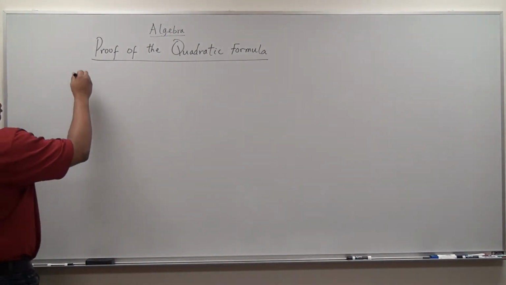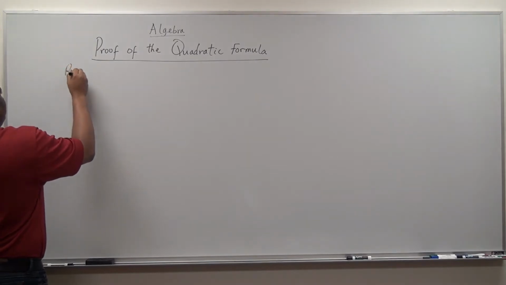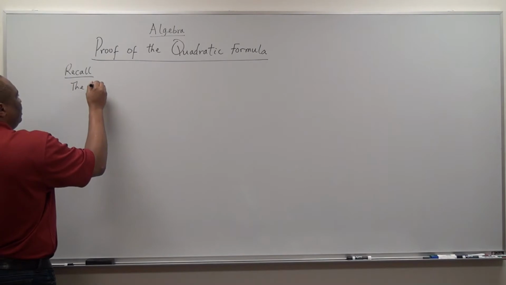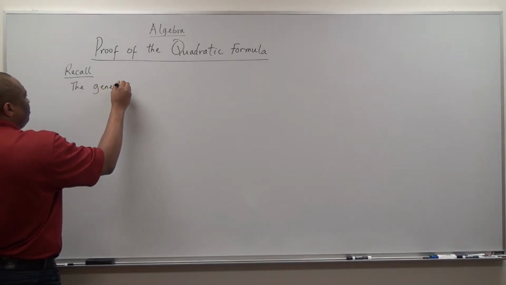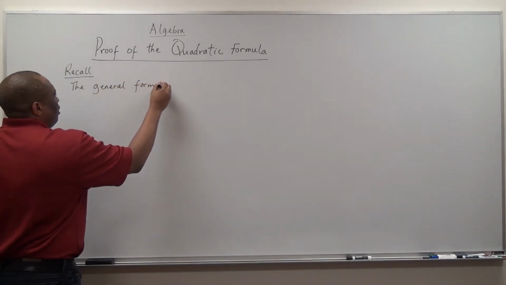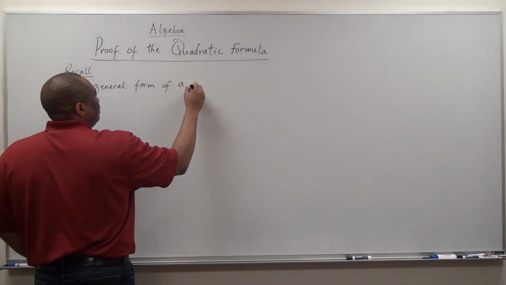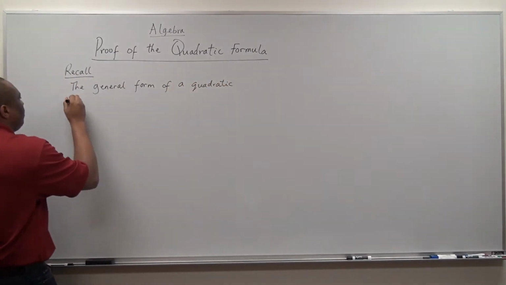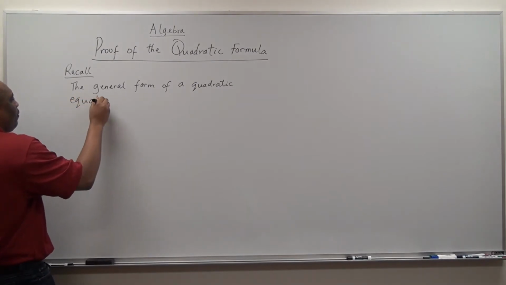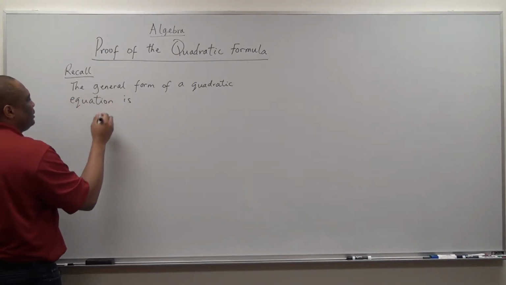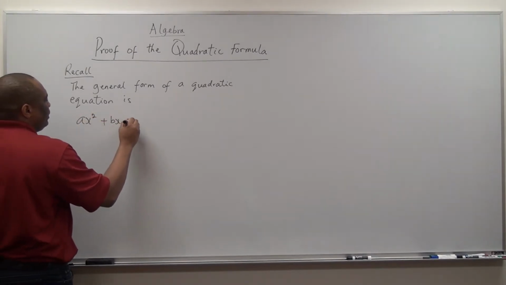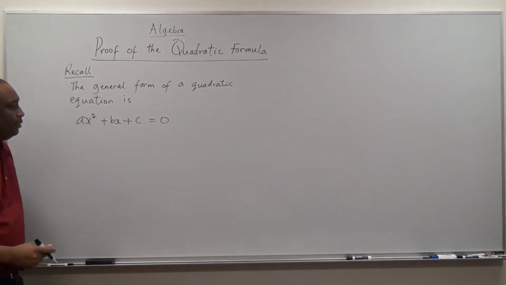Alright, recall the general form of a quadratic equation is ax squared plus bx plus c equal to 0.